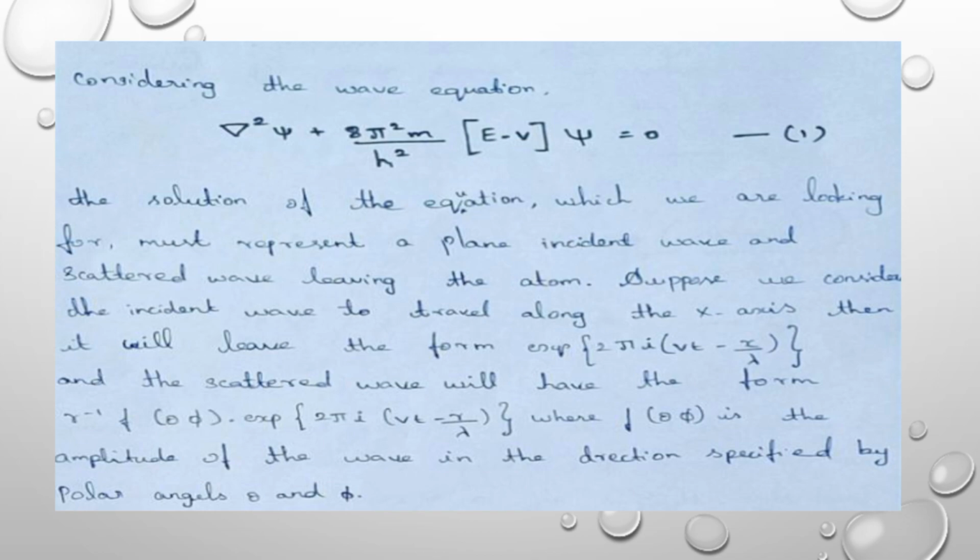Suppose we consider the incident wave to travel along the x-axis, then it will have the form e power 2 pi i nu t minus x by lambda, and the scattered wave will have the form r inverse f of theta e power 2 pi i nu t minus r by lambda, where f of theta is the amplitude of the wave in the direction specified by the polar angle theta.